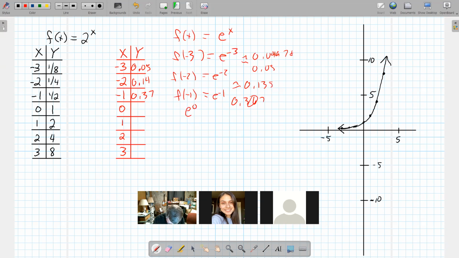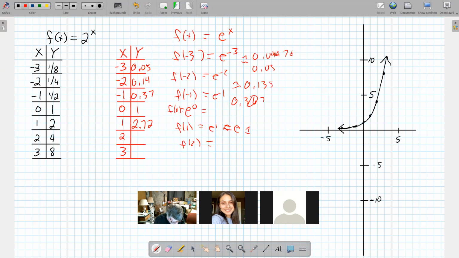What's e to the 0 power going to be? So f of 0 would be e to the 0 power, which is 1. F of 1 is e to the 1, which is e, which is approximately 2.718, so 2.72. Again, I'm rounding each of these roughly to the nearest hundredth.